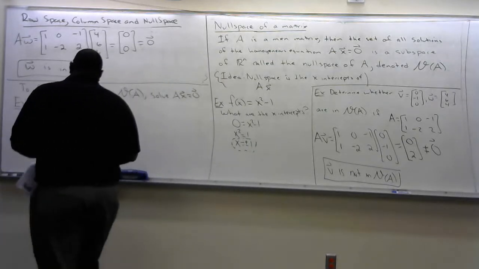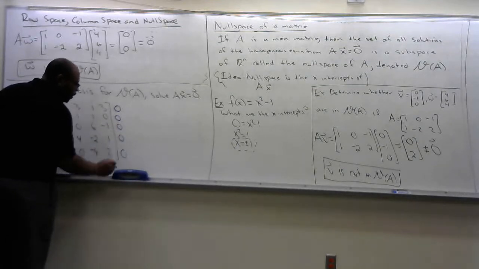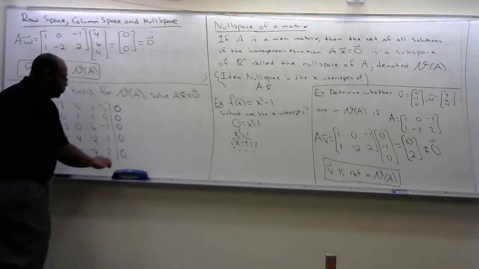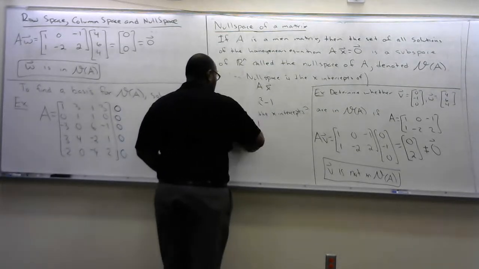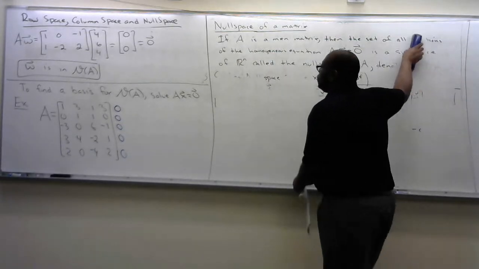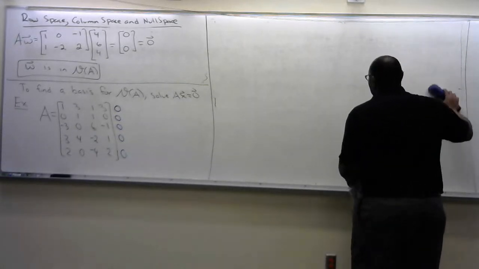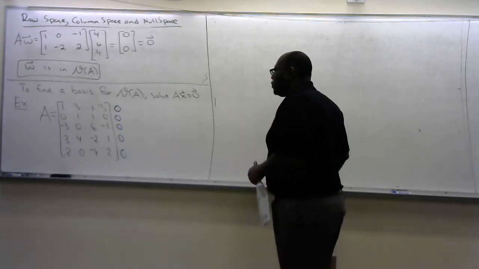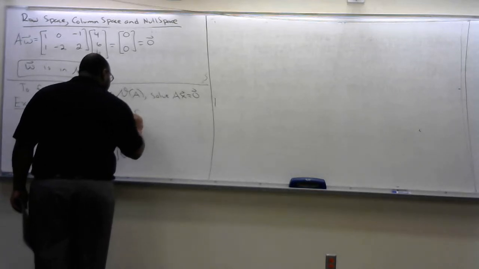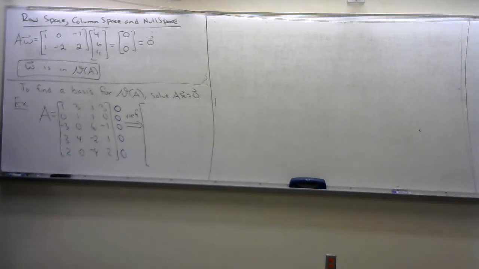And so I'm going to just modify this. I'm just going to say there's zeros right here. And let's do the reduced row echelon form of this. When I take the reduced row echelon form of this, this is what I get, and we've already seen this before, but I'm going to write it again.